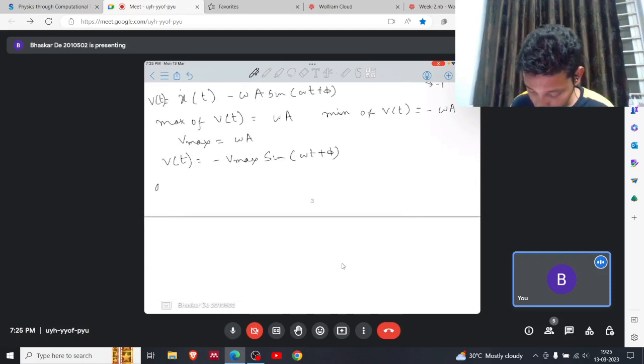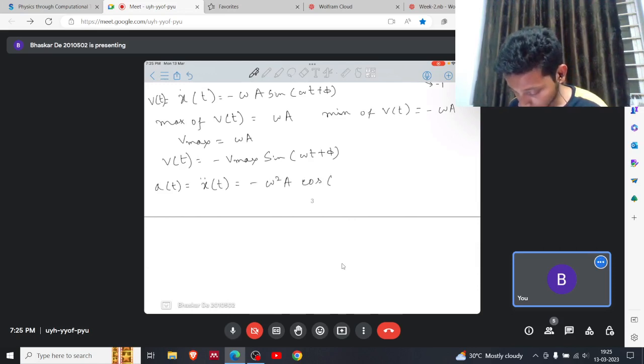In the same way, a(t) equals x double dot(t), which equals minus omega squared A cos(omega t plus phi).